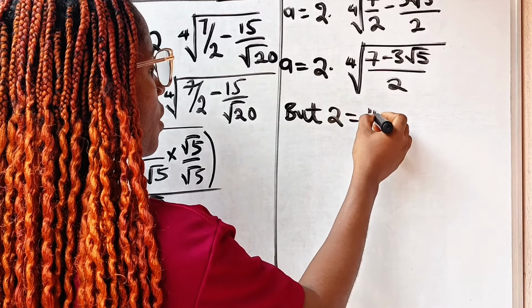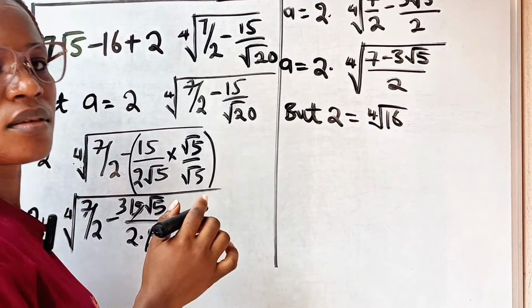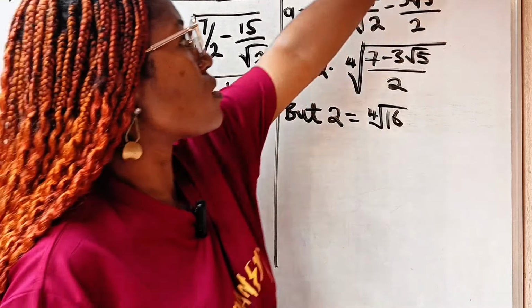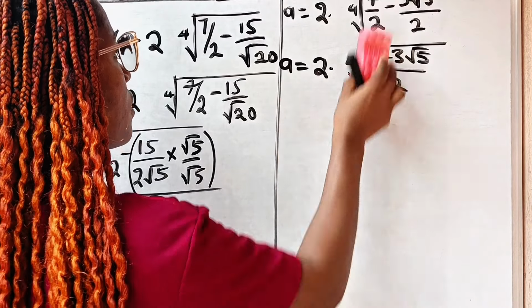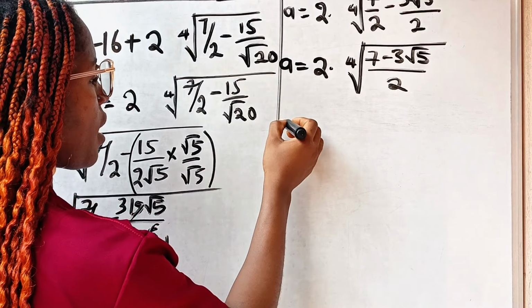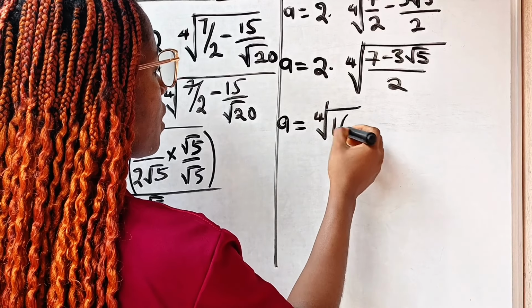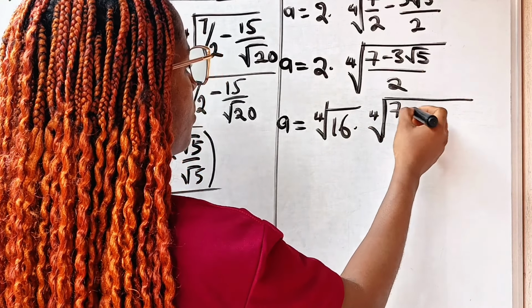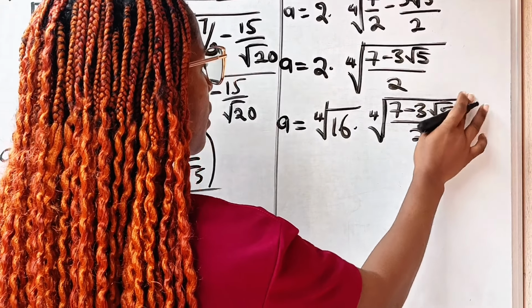So I'm going to replace this 2 with the fourth root of 16. Now I have A is equal to the fourth root of 16 multiplied by the fourth root of 7 minus 3 root 5 divided by 2.